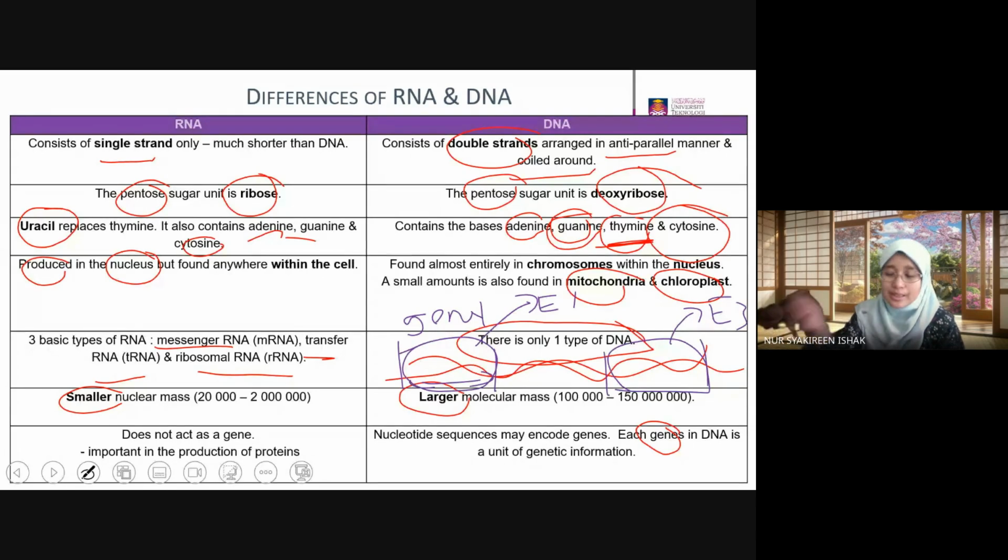That information is stored in your DNA as storage only, but the information needs to be copied in a smaller form, which is the RNA, so that the smaller form of information will be carried into the cytoplasm to synthesize the actual protein.